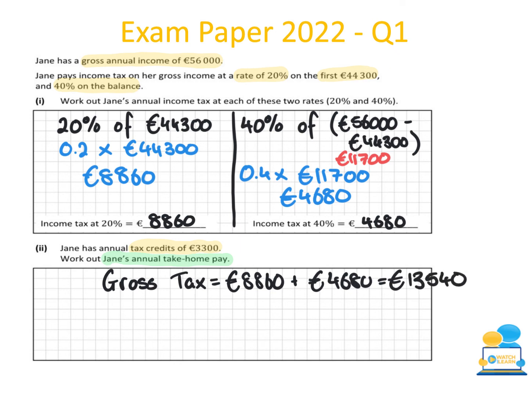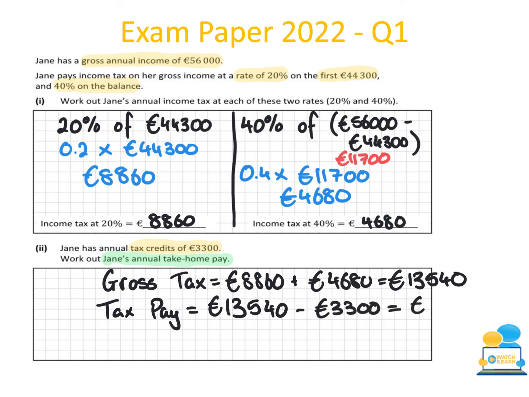Now I can find Jane's tax payable by taking her tax credits away from 13,540. So our tax payable will be 13,540 minus her tax credits of 3,300. That gives me a tax payable of 10,240. So in reality, Jane has to pay tax of 10,240.